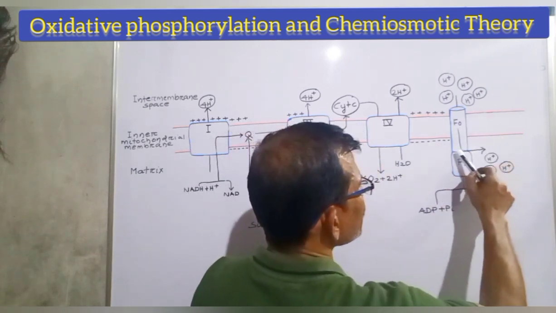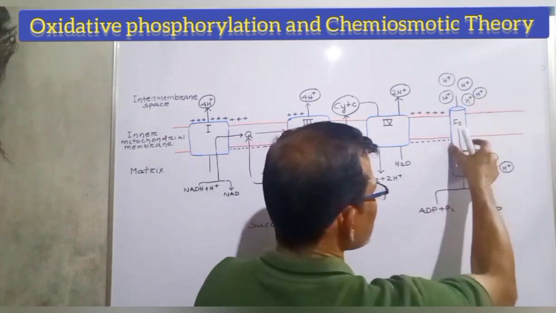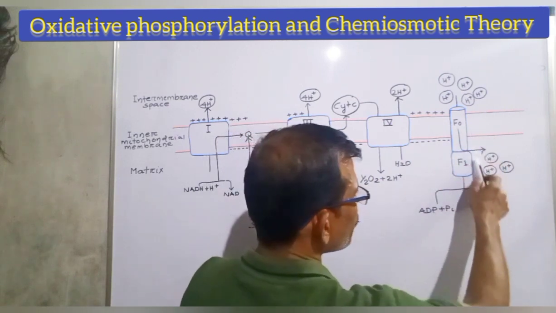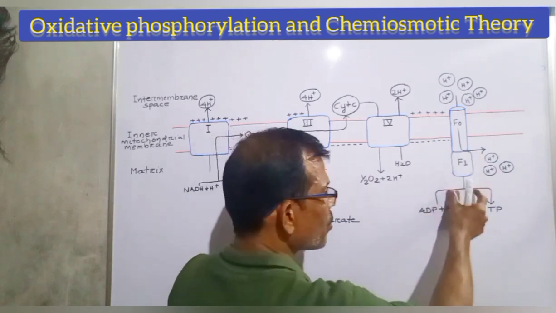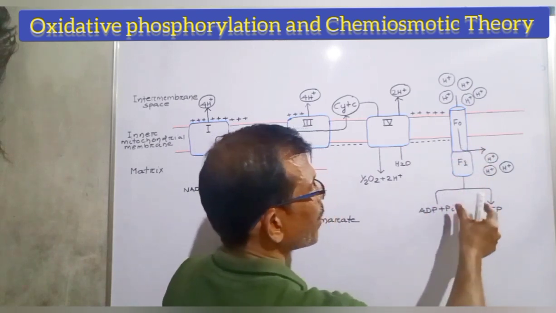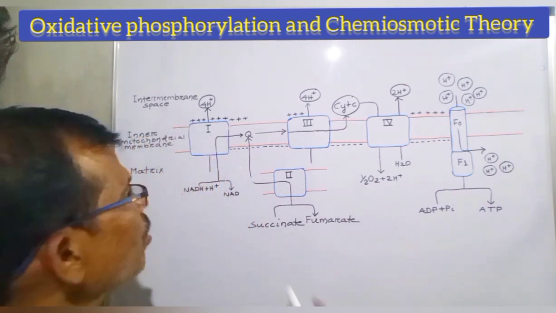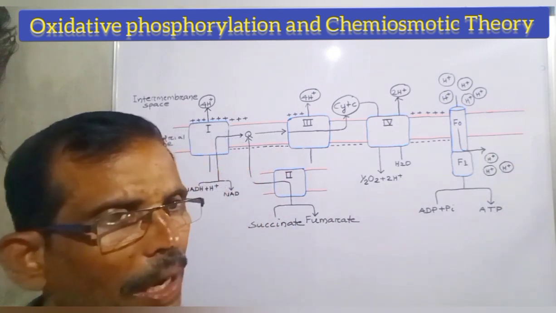The FO component, which consists of several subunits, spans the inner mitochondrial membrane, whereas the F1 component is water soluble and protrudes into the mitochondrial matrix. In case of prokaryotes, all these components are located in the plasma membrane.